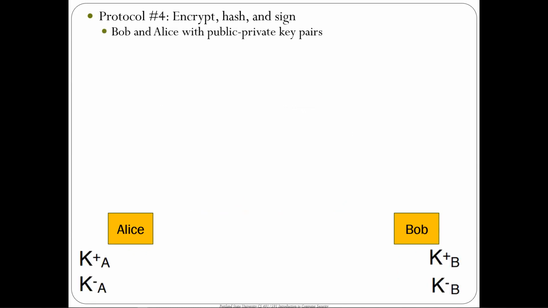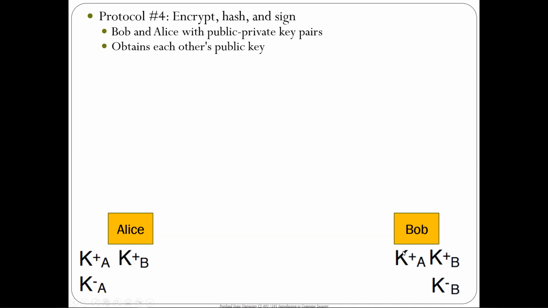Because we're trying to do authenticated communication, we need Alice to have a public and private key pair as well as Bob, and we'll see why. So they both have key pairs, and as part of their key pairs, they have to publish their public versions, right? So now Alice has Bob's public key, and then Bob has Alice's public key.